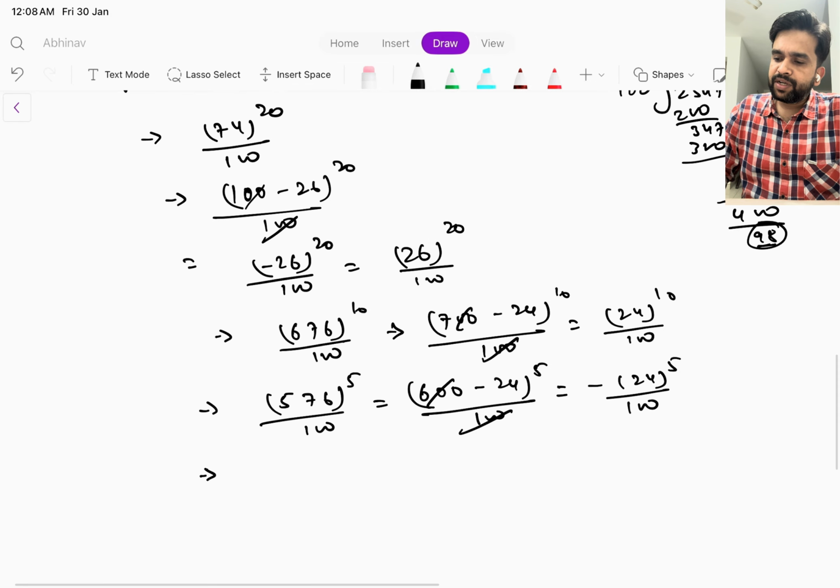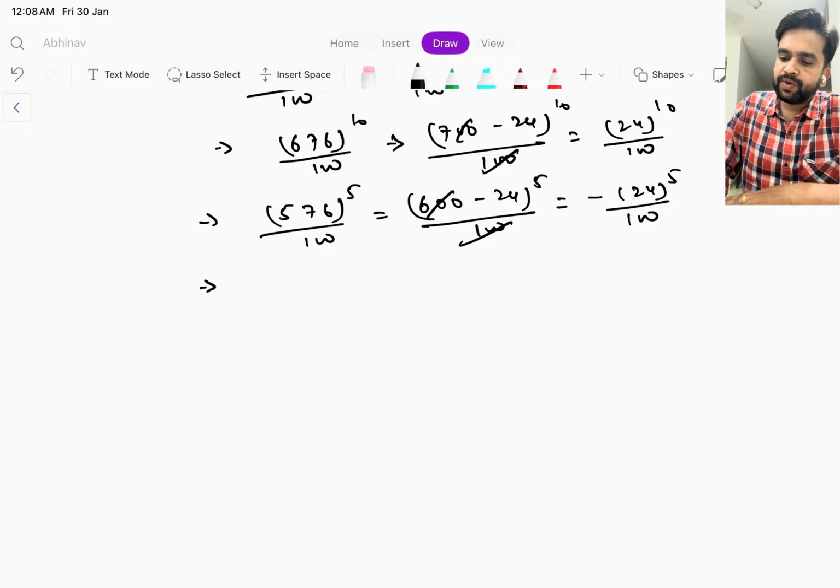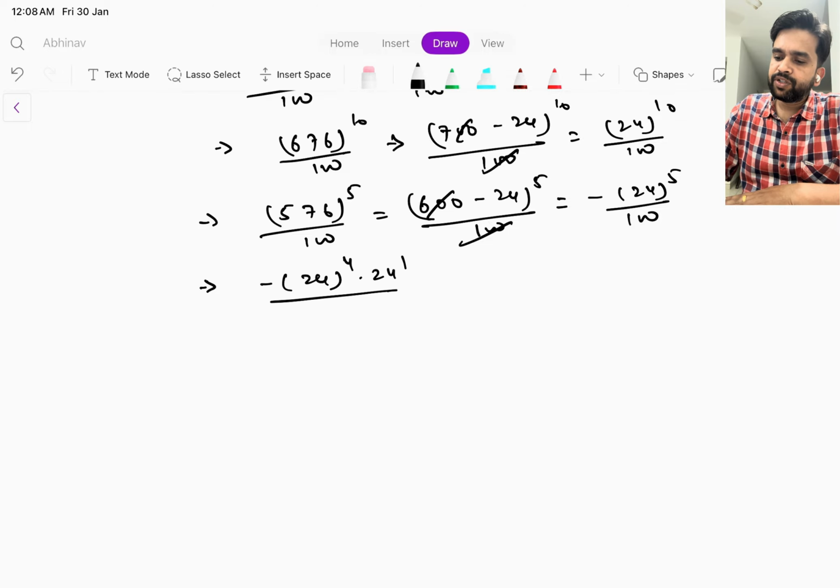Now 24 raised to power 5 cannot be completely utilized in formation of a perfect square. So I'll write it as 24 raised to power 4 into 24 raised to power 1. Now 24 raised to power 4 can again be rewritten as 576 square, 576 square into 24 divided by 100.